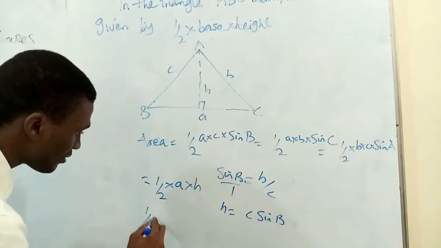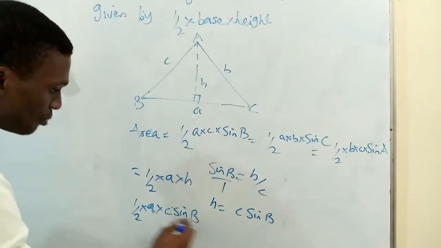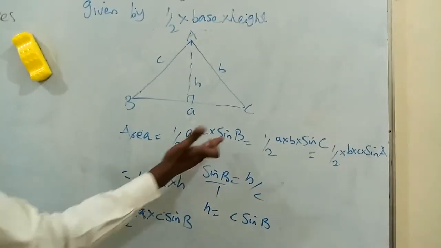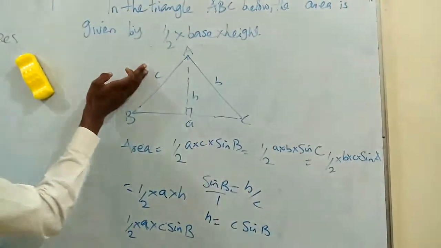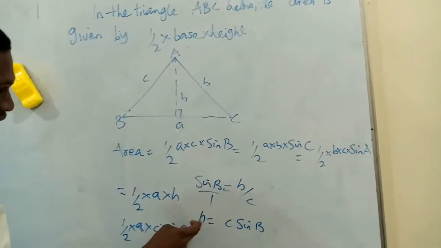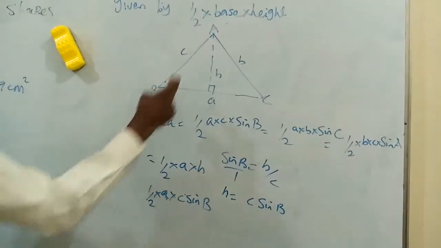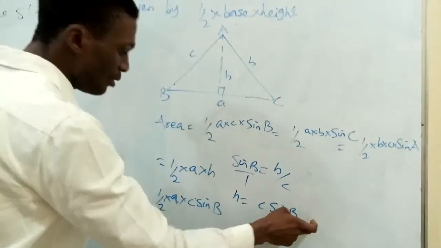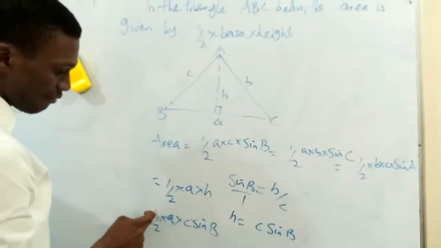So we now have half times A times, instead of H, C sin B. That's how we got the formula, half times A times C sin B. We got it from our trigonometry where sin B is opposite, which is H, over hypotenuse, which is C. At this point, we cross multiply, and H gives us C sin B. From our formula, half base times height, in place of H we put C sin B.